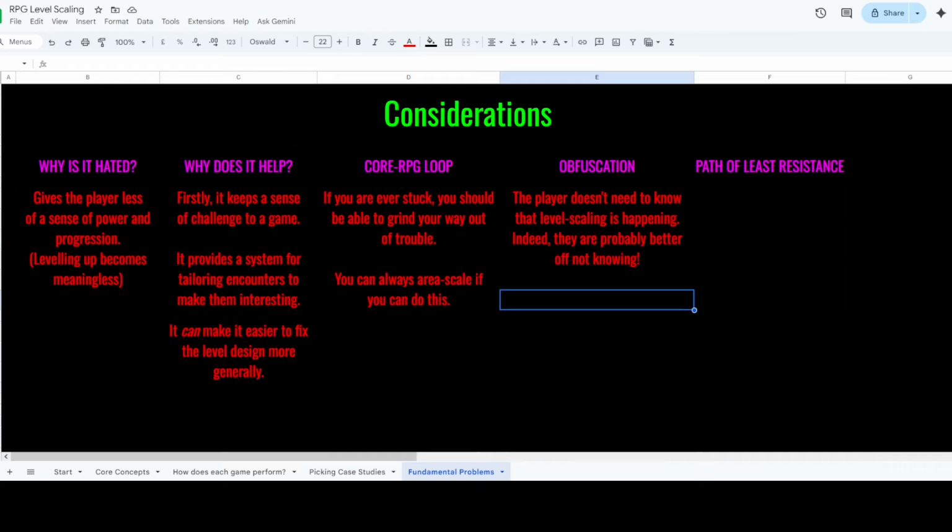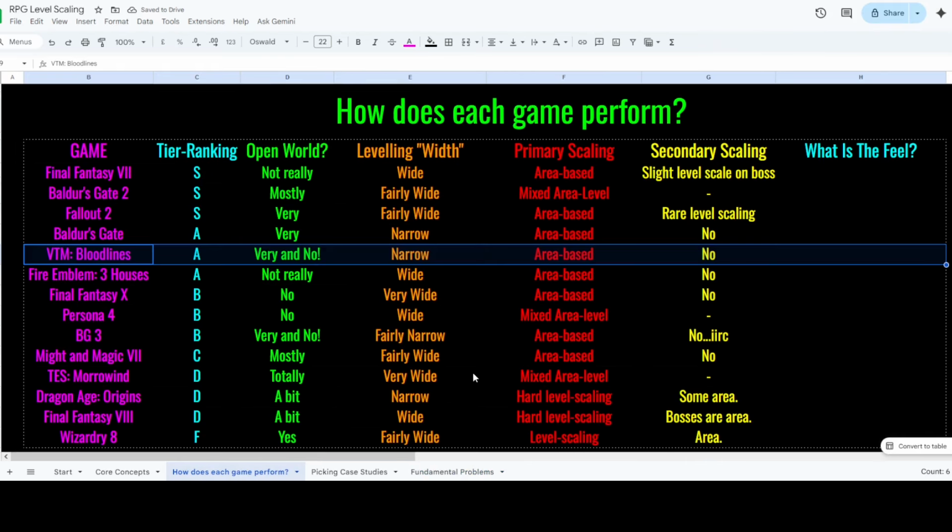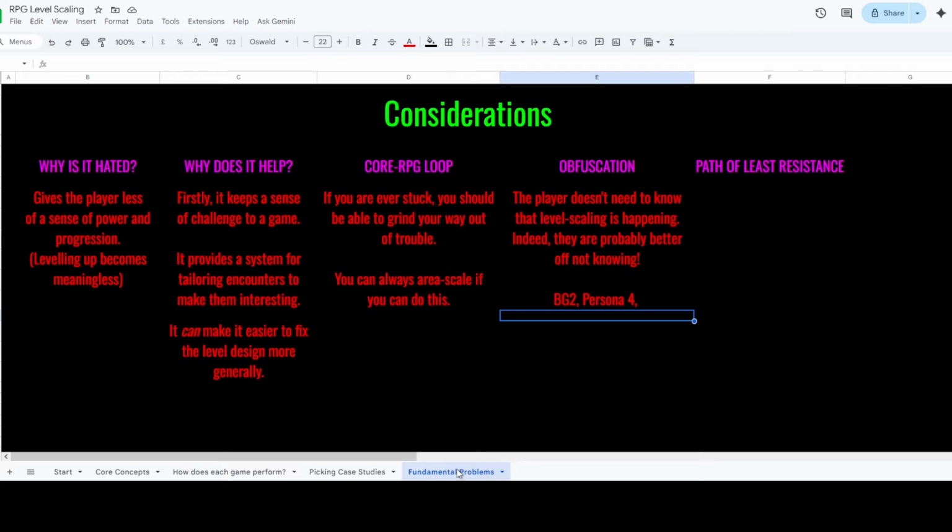So if we think about this, the likes of Baldur's Gate 2, to an extent, Persona 4, I know it's an uncomfortable one, but that's there. I think most of those, if we go back through to this, Fallout 2. I think it takes a little bit of work.